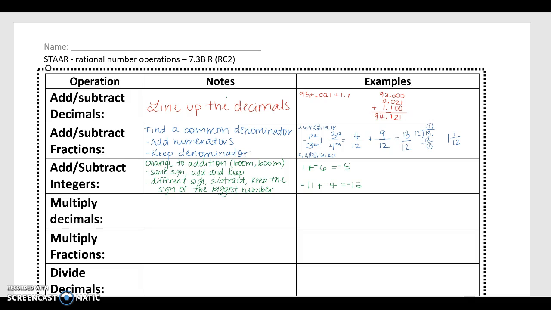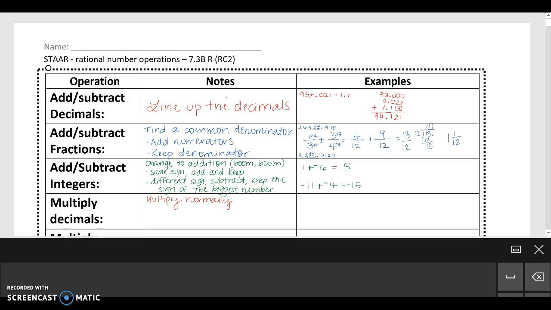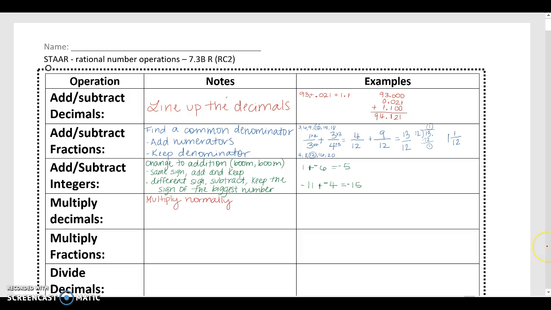All right. The next one is multiplying decimals. When you multiply decimals, you're actually going to multiply normally, okay? And once you find your answer, you're going to count the number of decimals in the problem.